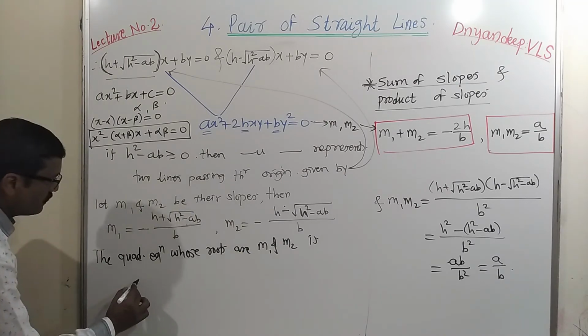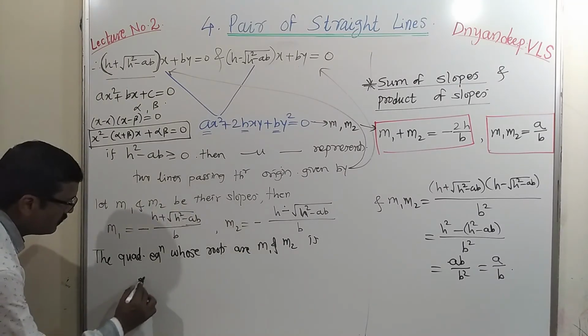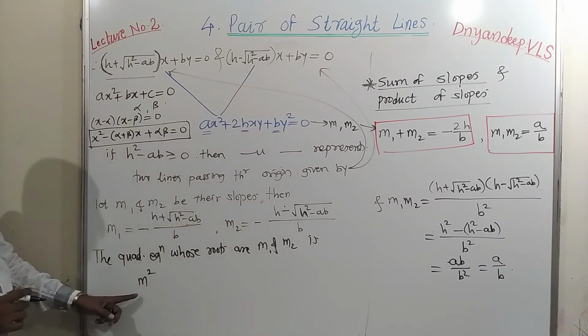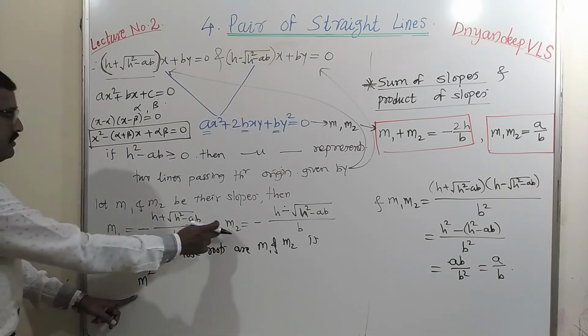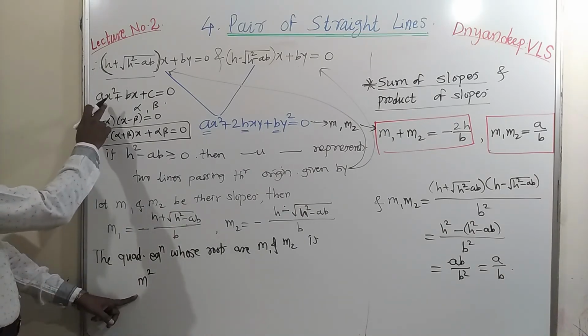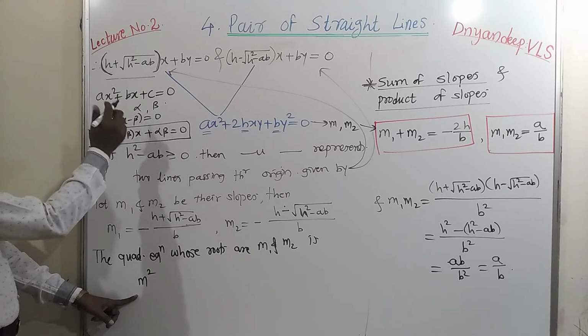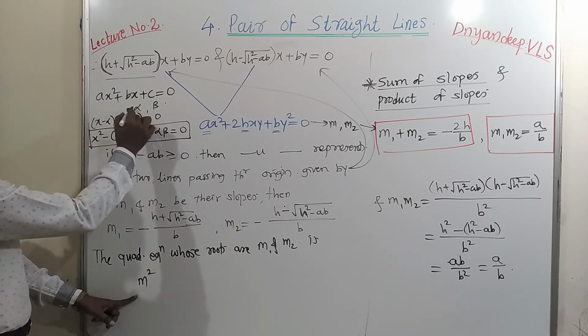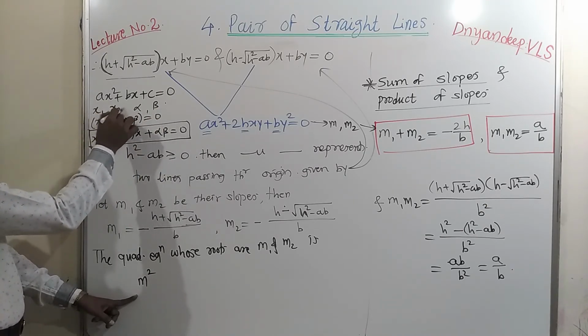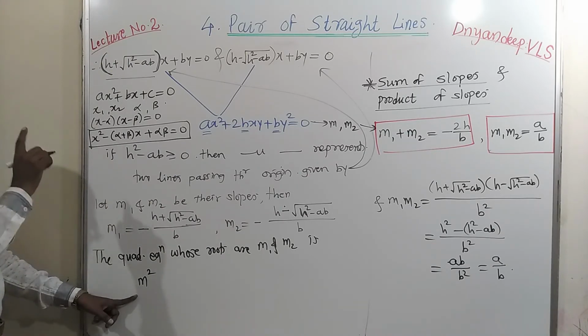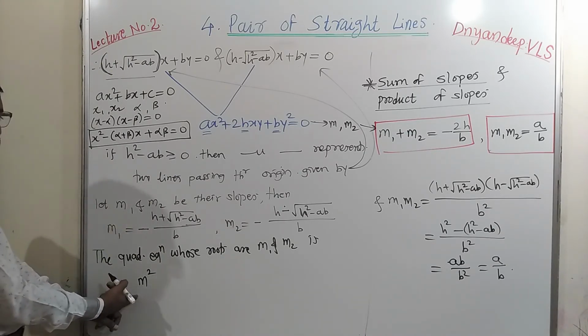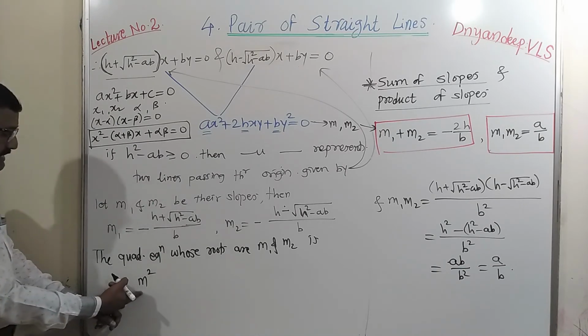is m square. Why are we taking the variable m? Because m1 and m2 are roots of the quadratic equation. Whenever the quadratic equation is in x, we can take, instead of alpha and beta, x1 and x2 as roots. Here the roots are m1 and m2, so the quadratic equation is in variable m.